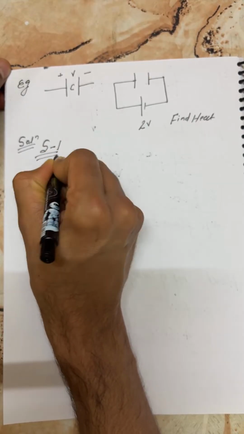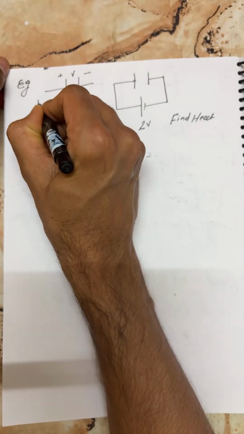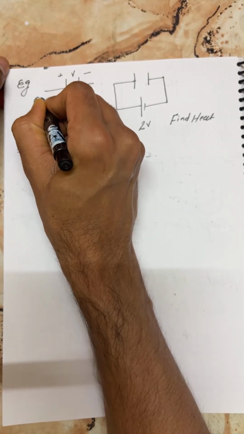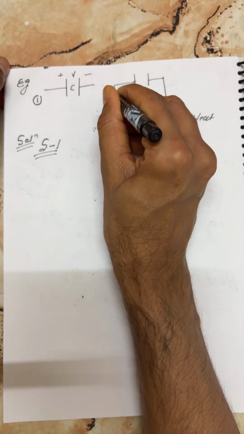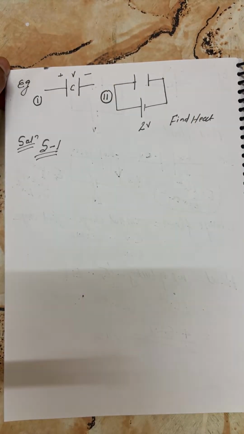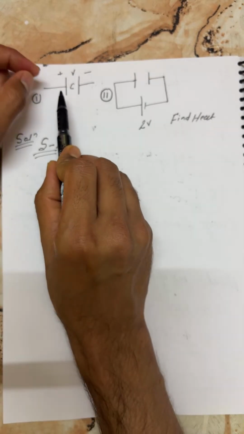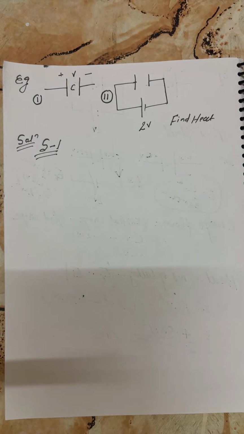Step number 1: this is the initial configuration of the capacitor of capacitance C. Now this is the final configuration. We wish to find, if I shift this capacitor from V volt to 2 volt, the heat.